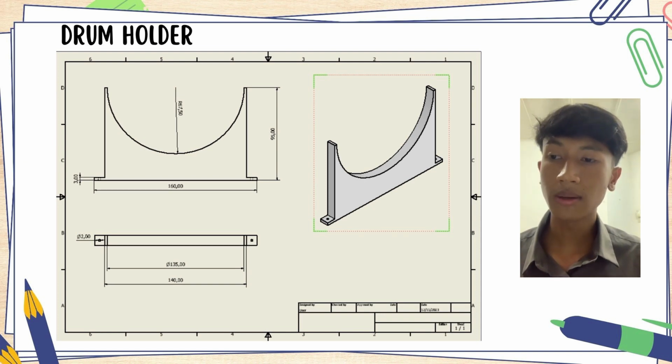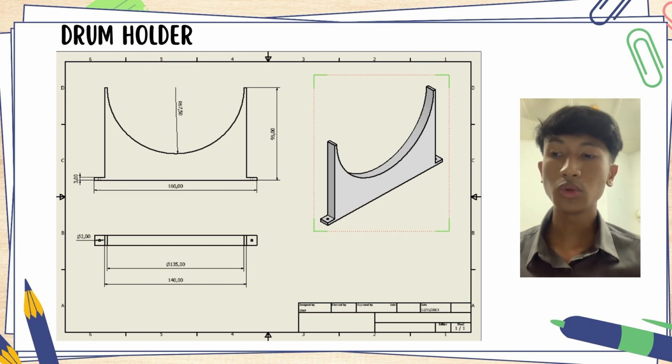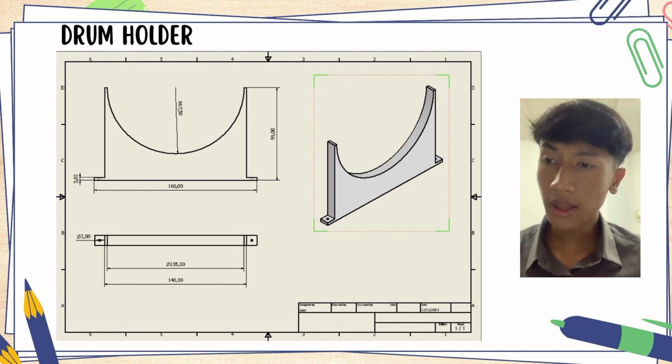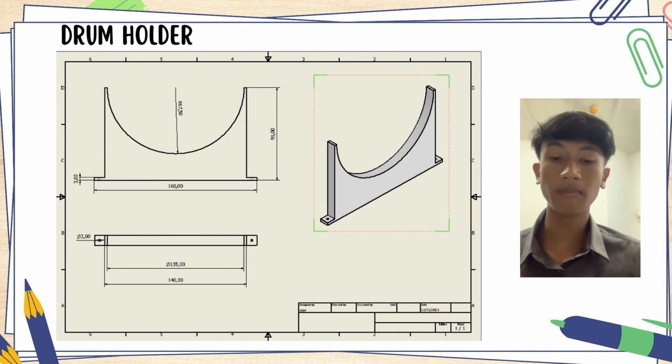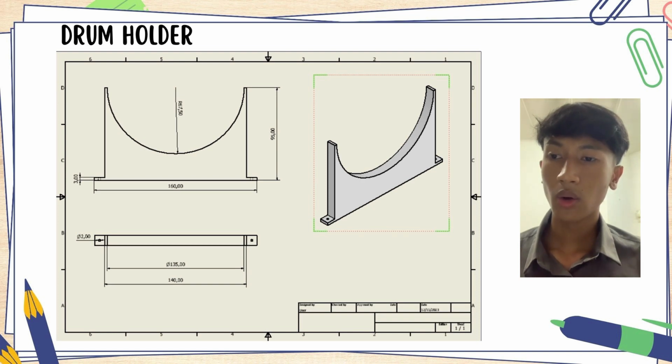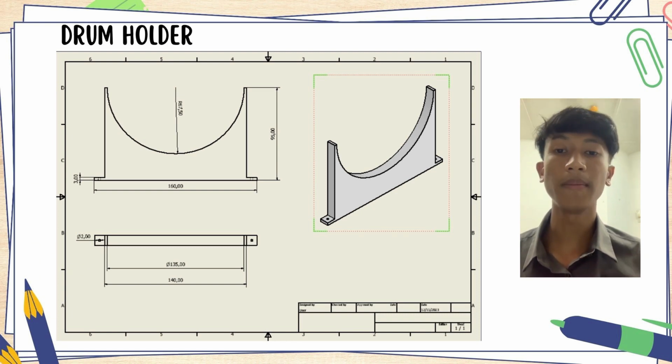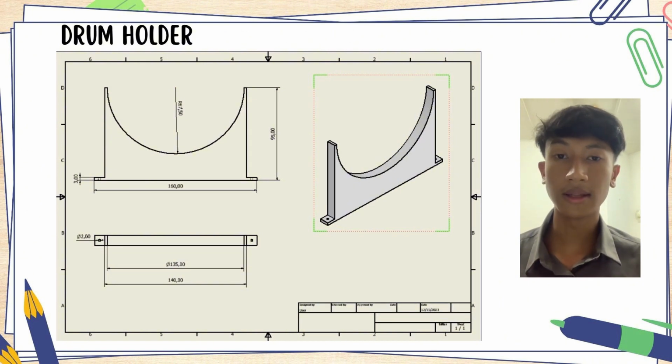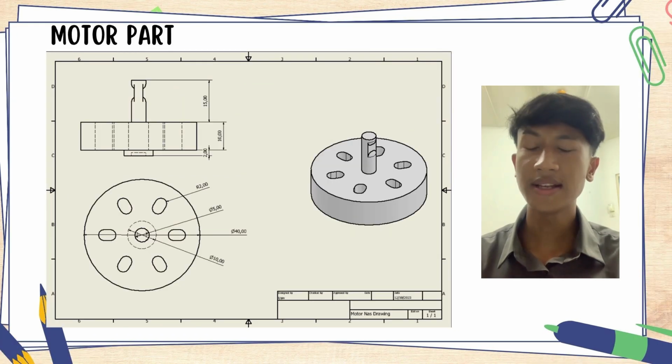Near the bottom of the leg, we use 2 small holes with a diameter of 2 mm to place the screw drum holder. The width of the leg of the drum holder is 140 mm and the diameter of the drum holder is 135 mm.